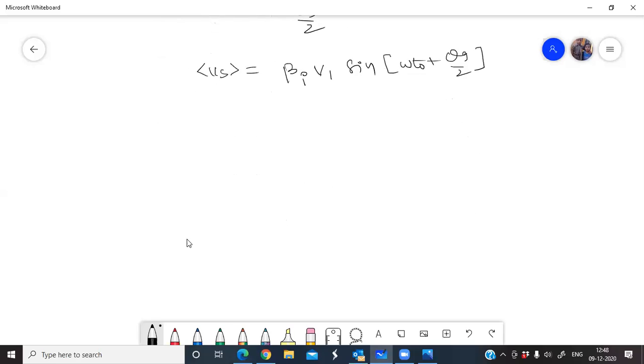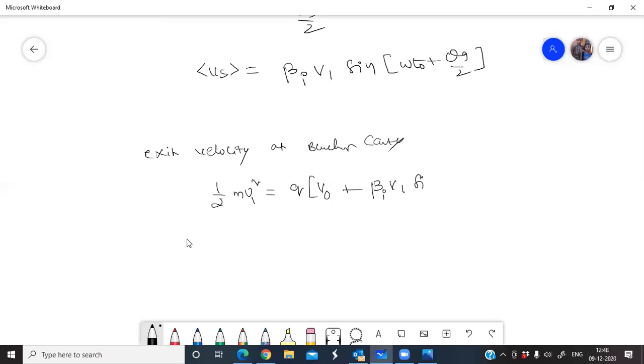Now the exit velocity at the buncher cavity: 1 by 2 m v1 square is equal to q V0 plus beta I V1 sin omega t naught plus theta g by 2.